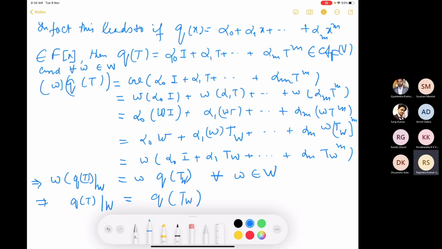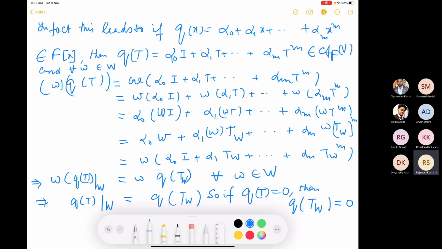And therefore, if q(T) is 0, then q(T_W) is also 0. So if there is a polynomial satisfied by T, then its restriction also will satisfy the same polynomial.